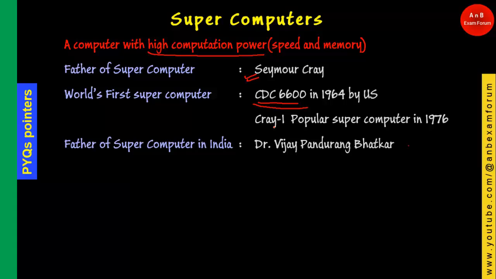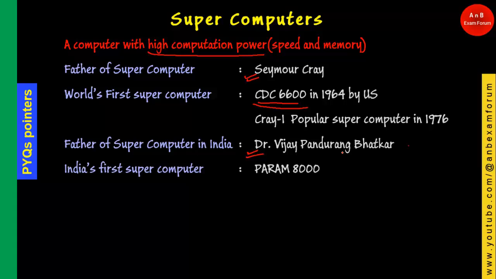Coming to India, India has also developed supercomputers, and the credit goes to Dr. Vijay Padurang Bhatkar. He is known as the father of supercomputers in India. Just remember this name, Dr. Vijay Padurang Bhatkar, Dr. VPG Bhatkar.